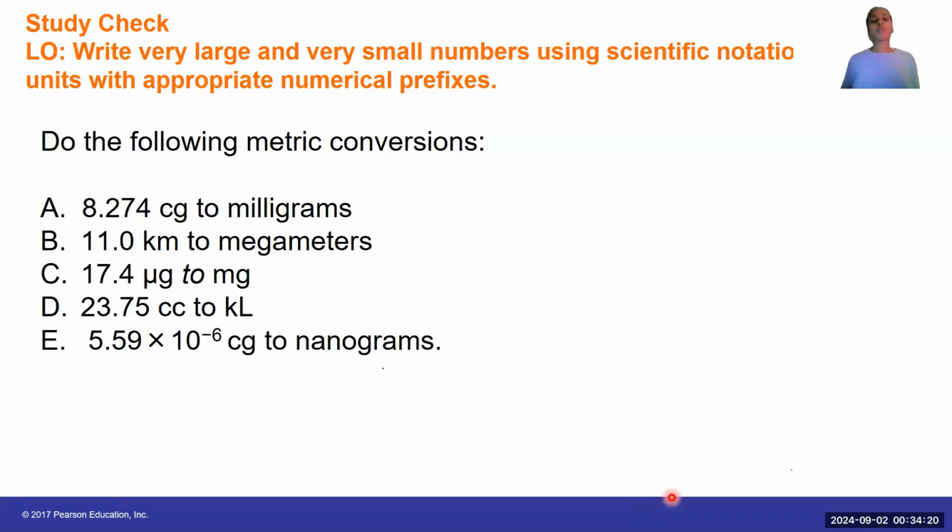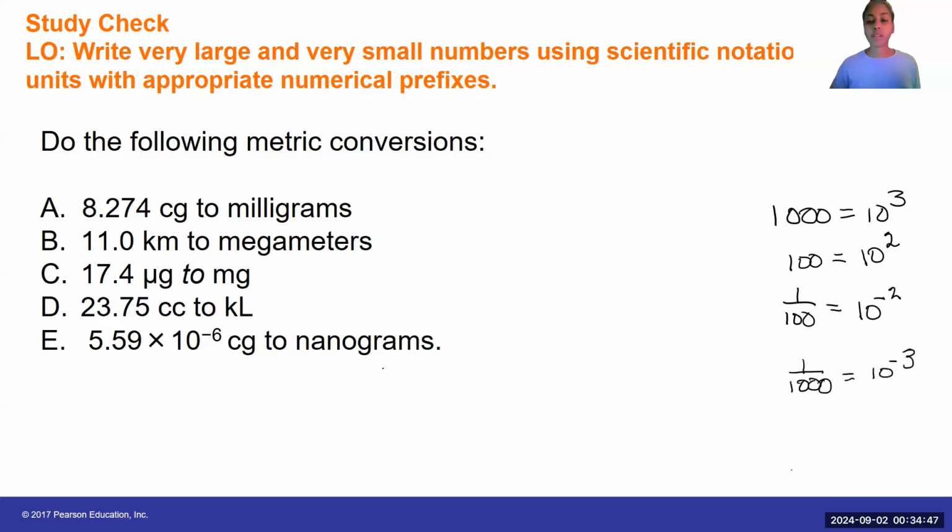Okay, let's do a little bit of practice where we are doing metric conversions. Before we begin with these conversions, you need to remember a few things. So remember, 1,000 is equal to 10 to the 3. 100 is equal to 10 to the 2. 1/100th is equal to 10 to the minus 2.